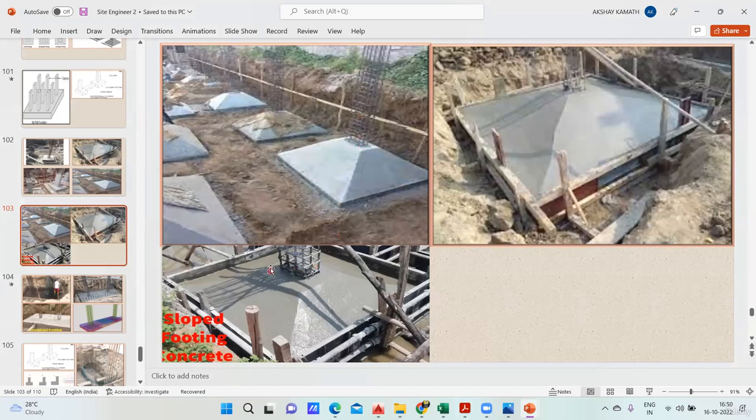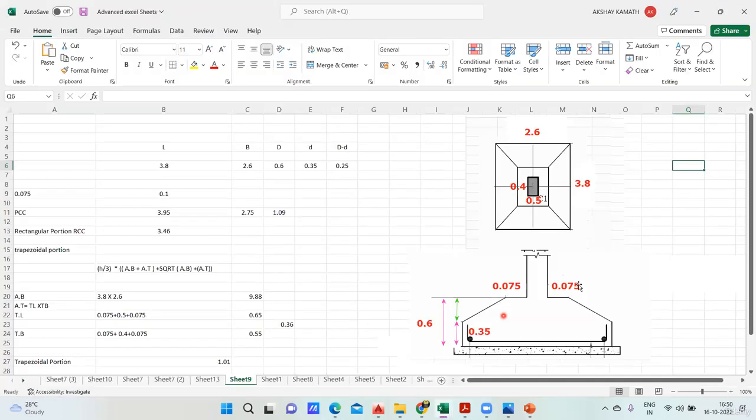Similarly, you can see the column part is only this much. Whereas from here to here, this is that extra portion. So in the cross section it looks like this, in the plan it looks like this. This much is clear.